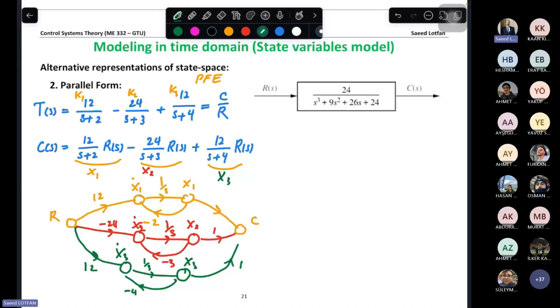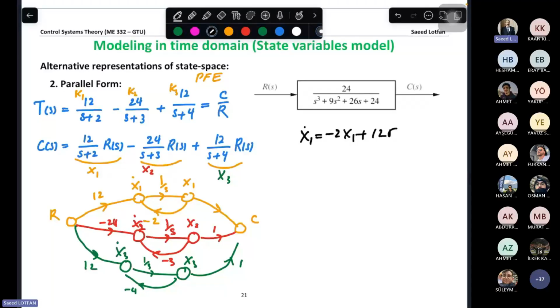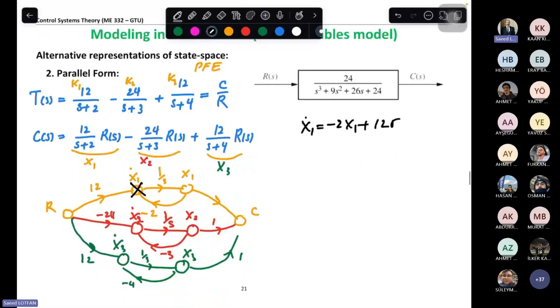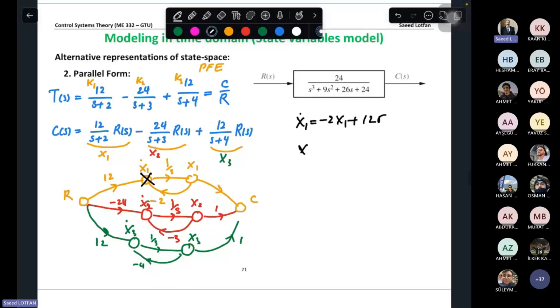So what are the equations here? X dot 1 is minus 2 x1 plus 12 r, so I'm writing for here. Then x dot 2 for this point, minus 3 x2 minus 24r. Then writing to this point, x dot 3 is minus 4 x3 plus 12r.